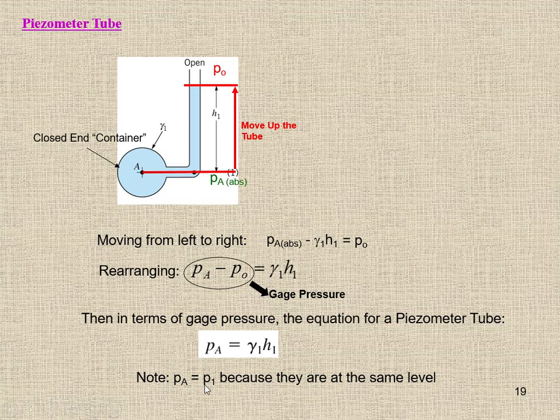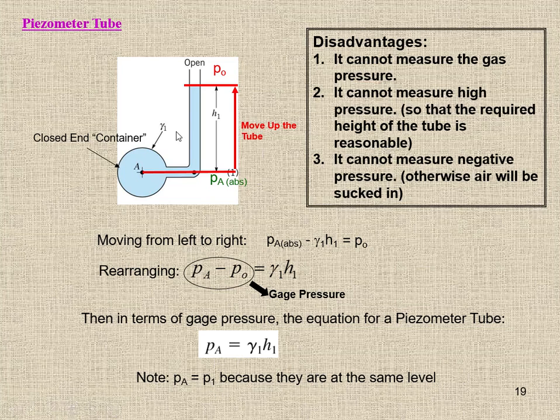PA is equal to P1 because they are at the same level; point A and point 1 are at the same level, so PA is equal to P1.